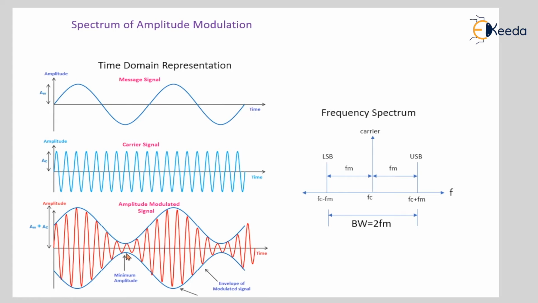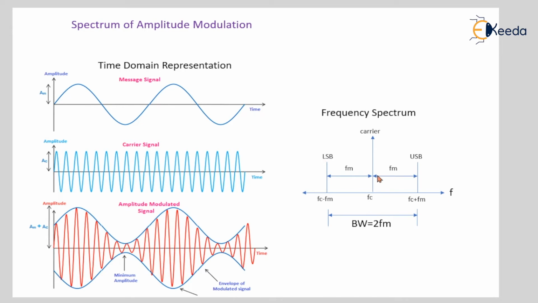The minimum amplitude is indicated as V minimum and the maximum amplitude is indicated as V maximum. Here, in the output of this amplitude modulated wave, we have three components. One is the carrier signal, another is the upper sideband, and the third one is the lower sideband.